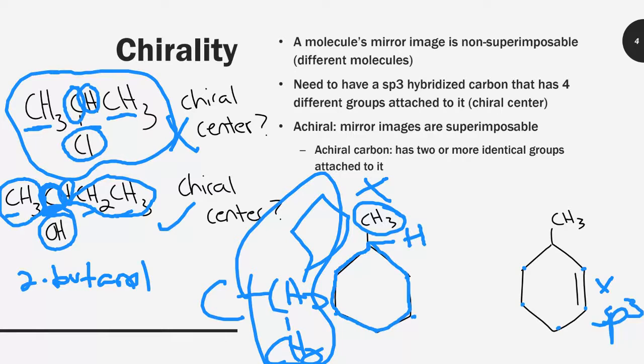So this carbon here, again, I have the methyl group here, I have a hydrogen in the back, and then I have this half of the ring and this half of the ring. This half of this ring has a double bond, and this side does not. So the 2 halves of the ring are not identical. So those are 4 different groups, so this would be a chiral center right there. Does that make sense?